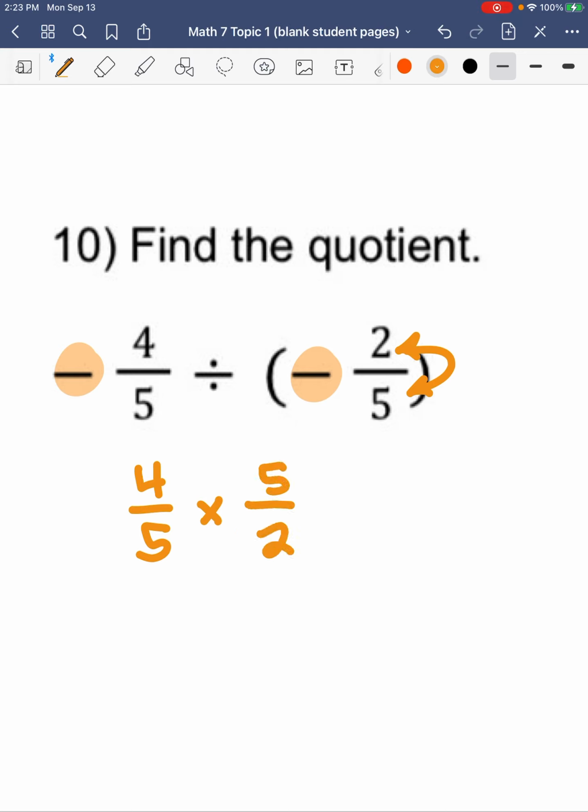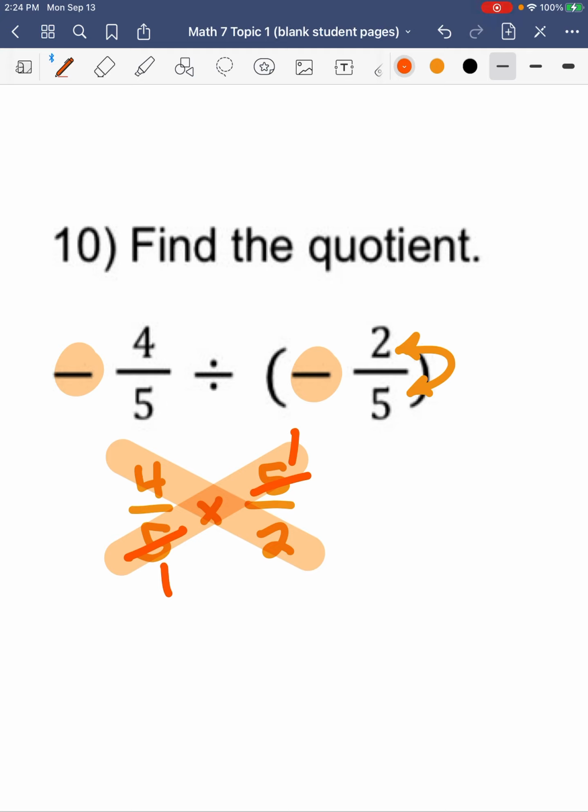Okay, so now we are ready to multiply, but let's see if we can reduce anything first. 5 and 5. Well, I can reduce those to ones. 5 goes into 5 one time. 5 goes into 5 one time. Let's check the other direction. 4 and 2. Is there a number that goes into both of those?